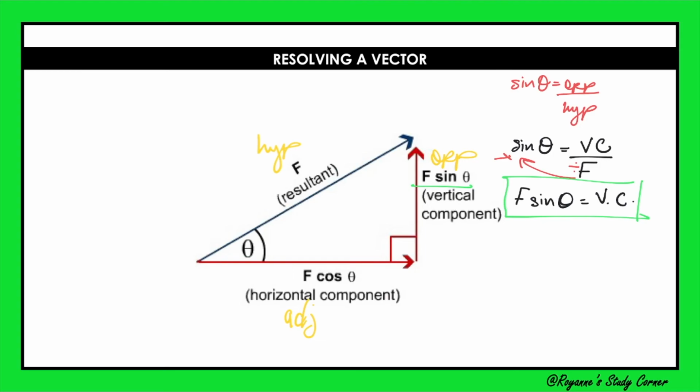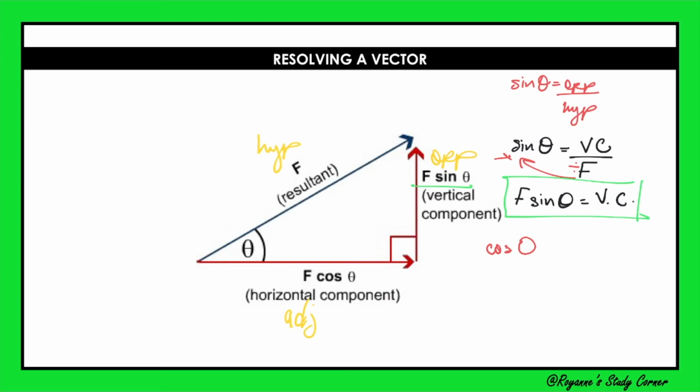Now for the horizontal component. The horizontal component is adjacent, and the only information we have is the hypotenuse or the resultant. So adjacent and hypotenuse, which trig ratio has adjacent and hypotenuse?